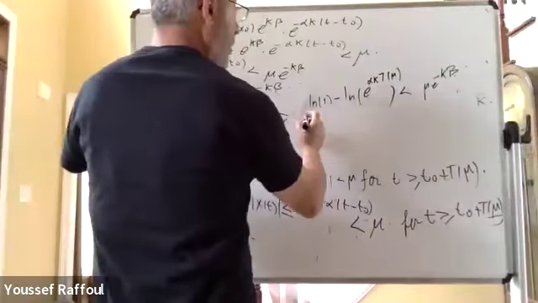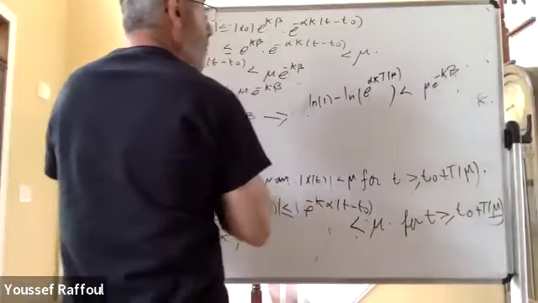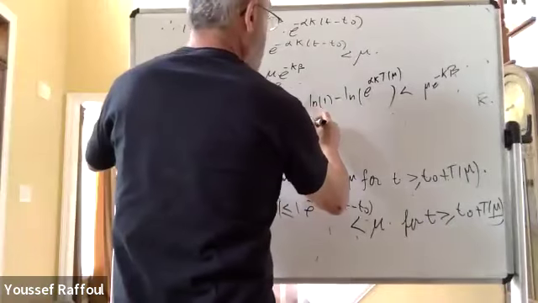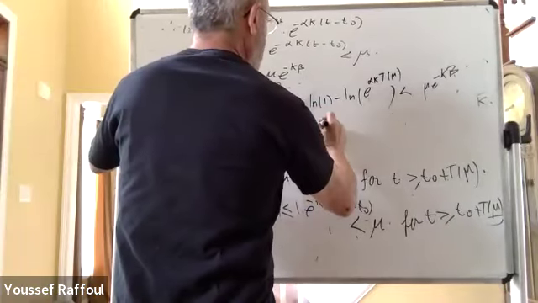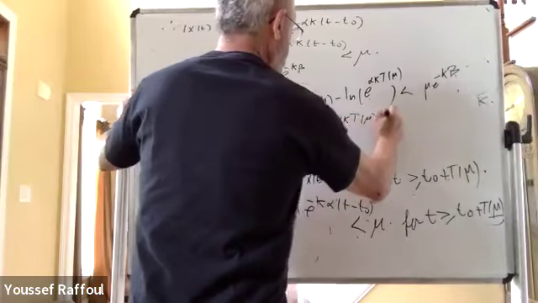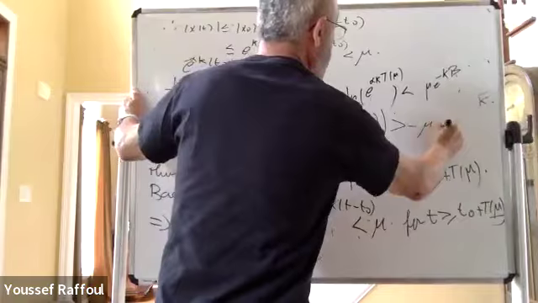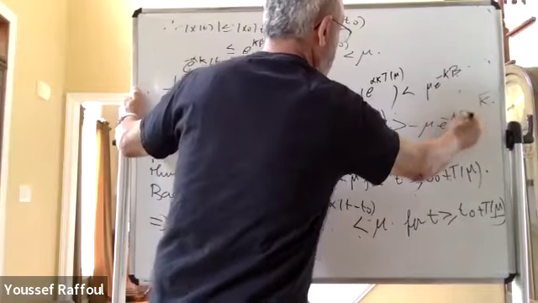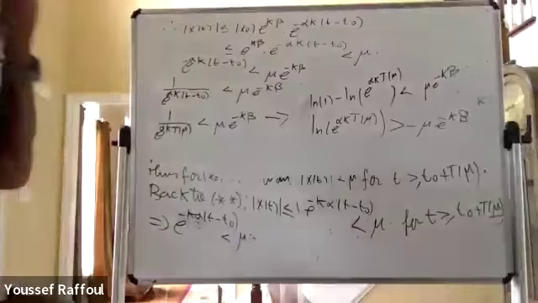So that this is 0, okay? And then ln of e to the alpha k t mu is bigger than minus ln of mu e to the minus k beta. All right?